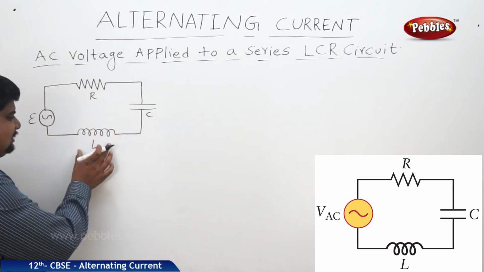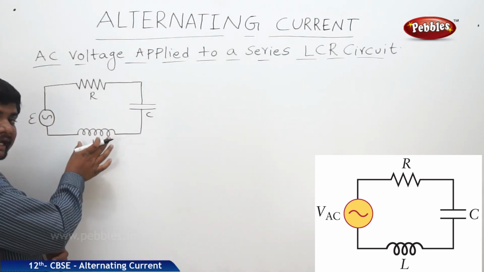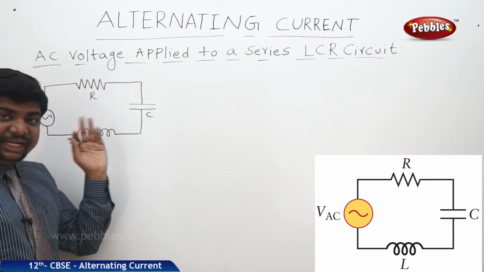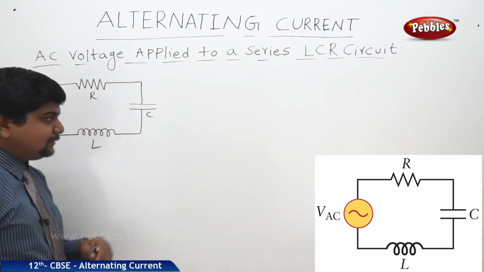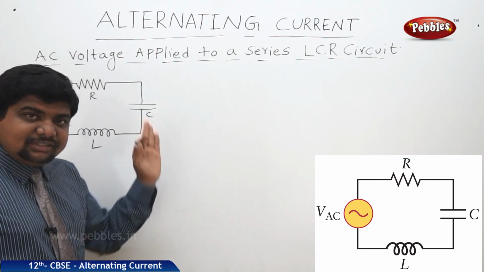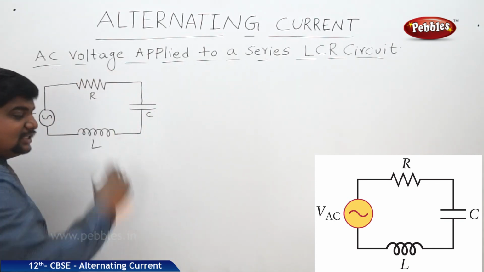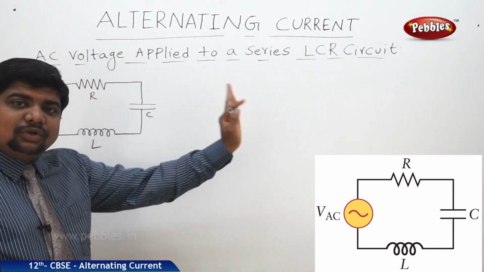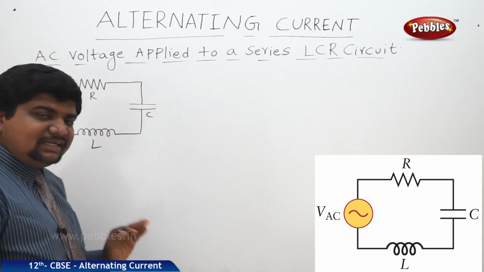We know that if an AC current is passing through the inductor, the potential drop here is L di by dt, because it produces the induced current and induced fields. In the capacitor, V is equal to Q by C. Through the resistor, IR. The sum of all these potentials is equal to Vm sin omega t.